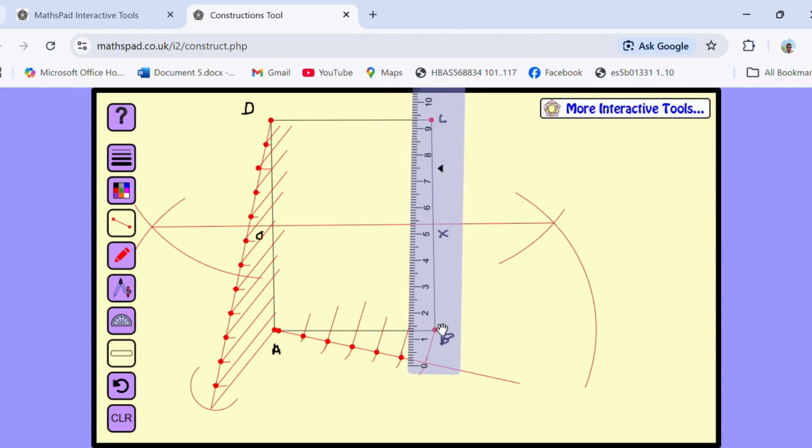Now we should draw construction lines from the points of division of AB towards CD, and they should be parallel to BC or AD. In this way we can divide CD also into six equal parts.